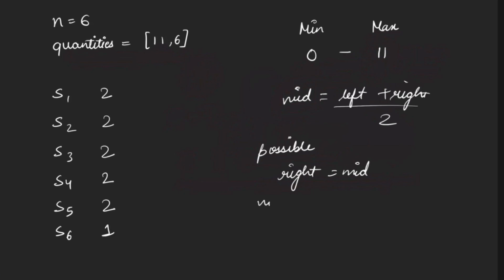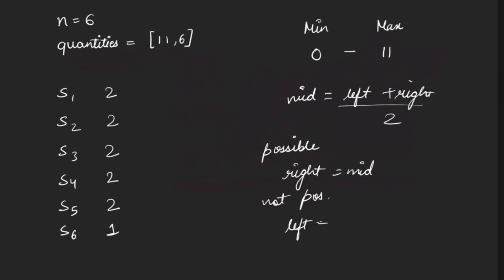If it is not possible, then we need to shift towards the right, so you can do left equals mid plus 1. For the current mid, we are anyway not able to distribute, so there is no point in taking it into consideration in the next range. You can do this entire process until your left and right become equal, because as soon as they are equal, you will be at the smallest quantity that can be assigned to any store.